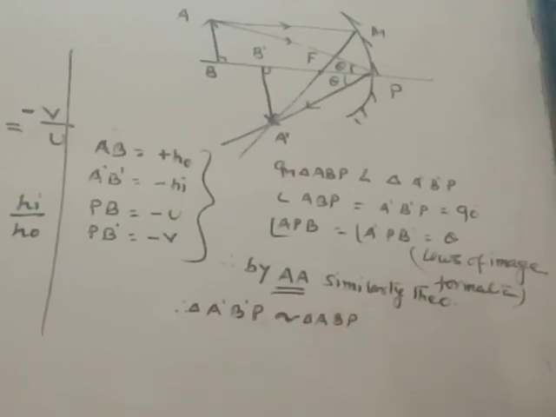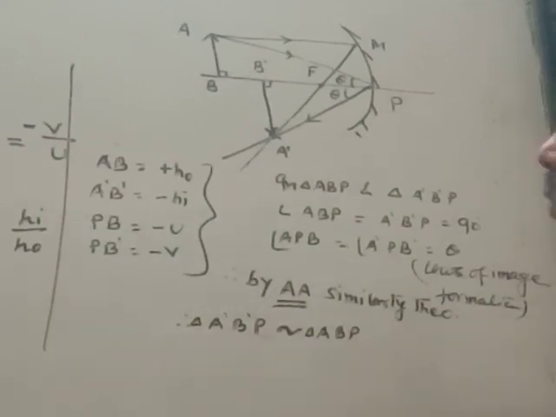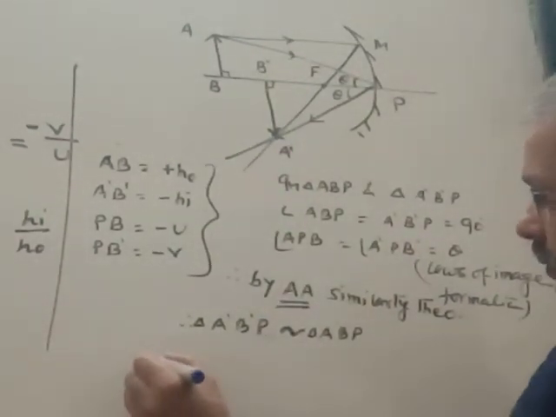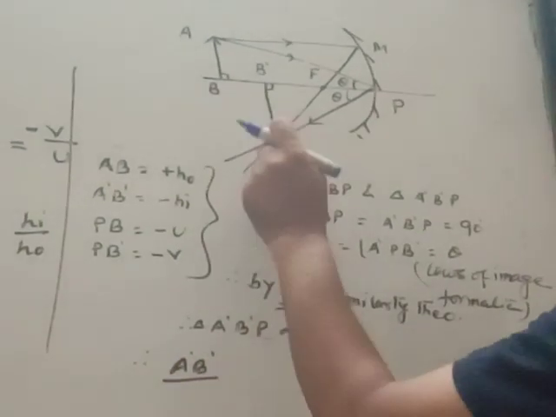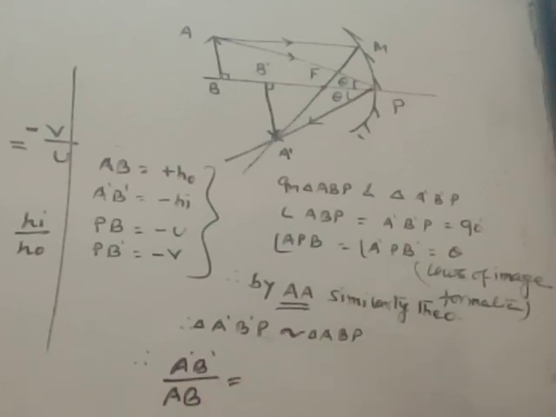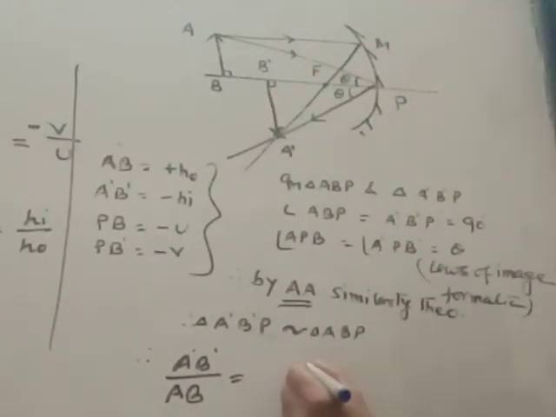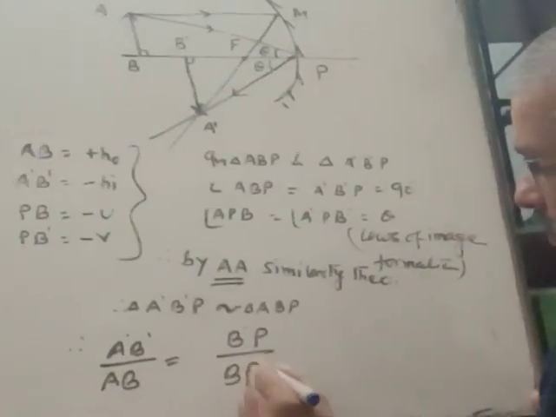And if two triangles are similar, then the ratio of corresponding sides are equal. Therefore A dash B dash upon its corresponding side in the second triangle AB is equal to B dash P upon BP.